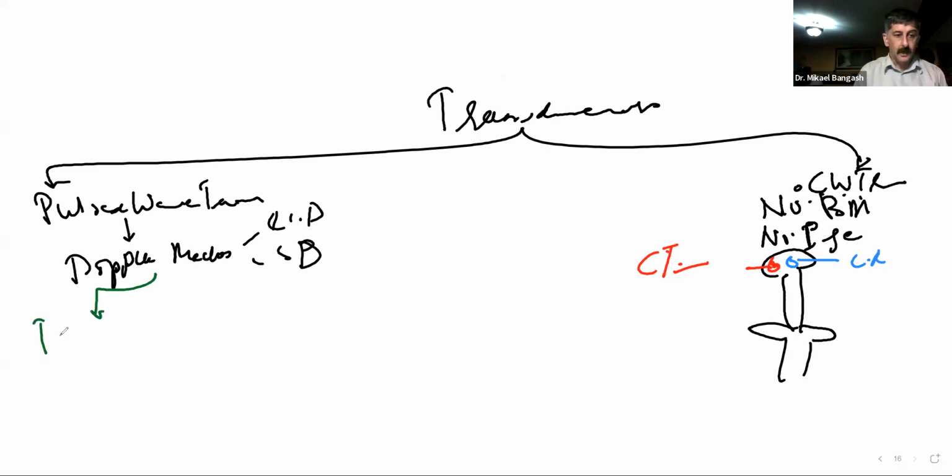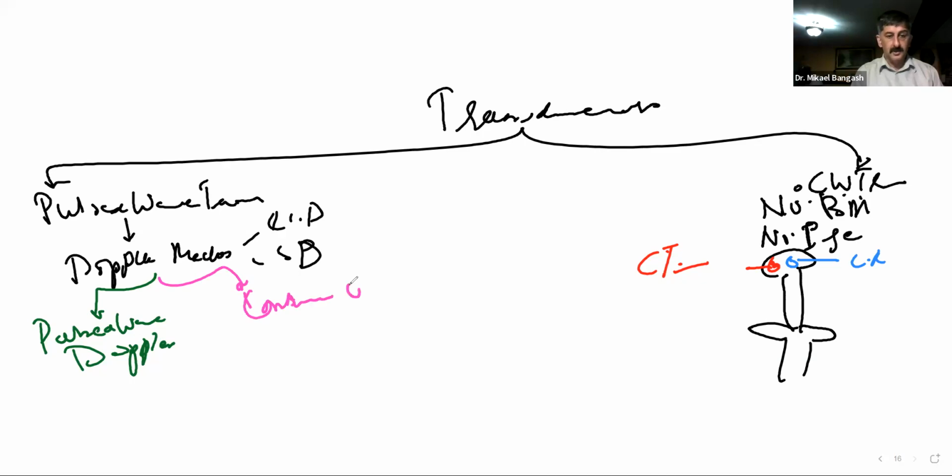One is what we call pulsed wave Doppler. But this pulsed wave transducer can also be used as a continuous wave Doppler.